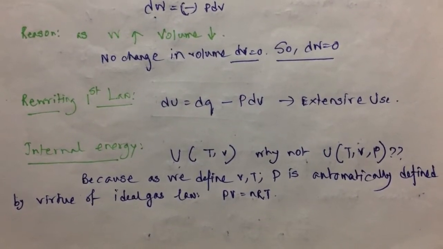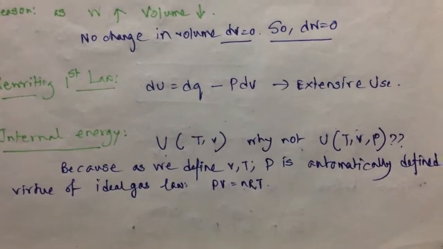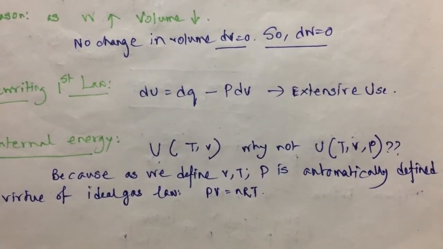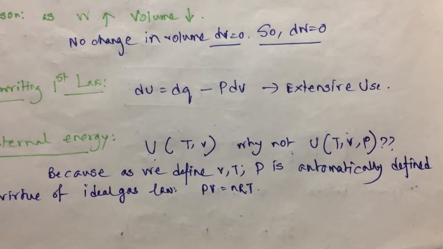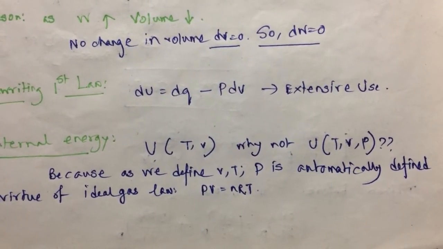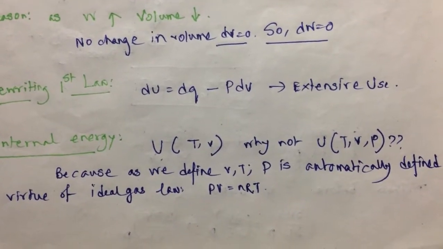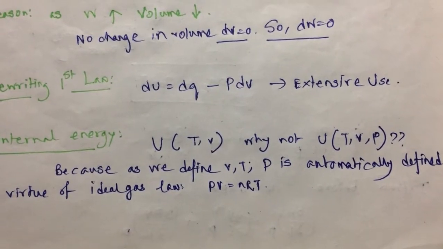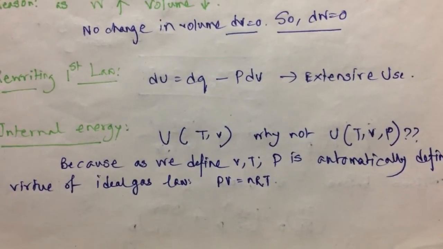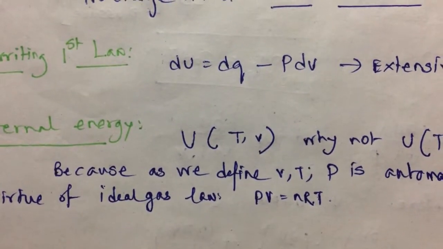By virtue of the ideal gas equation PV equals nRT, if we define temperature and volume, then P is automatically defined by this equation. So we won't write U as a function of temperature, volume and P. We will take U as a function of only temperature and volume.